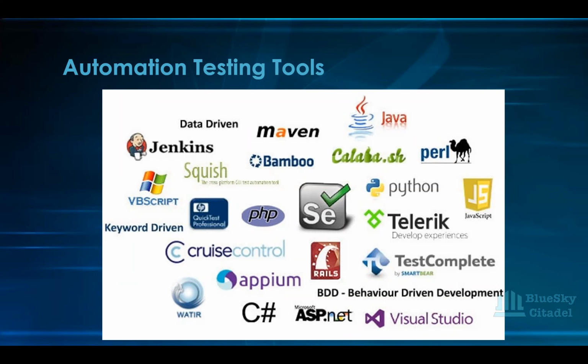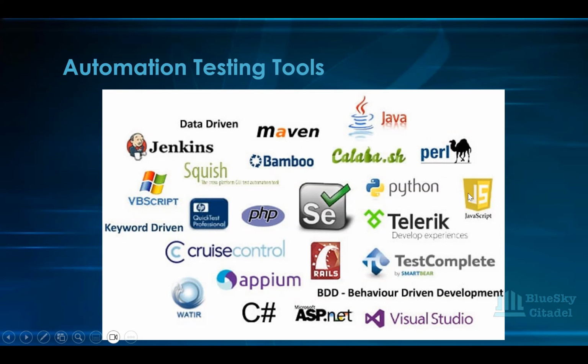I don't know if you've heard of anyone on this screen that I didn't talk about in the previous slide. Let me know. I've talked about Appium, BDD. Visual Studio is a tool that we use, the IDE that we'll use for Selenium framework setup with C#.